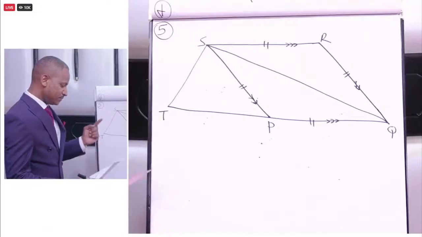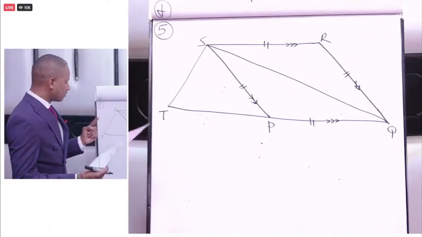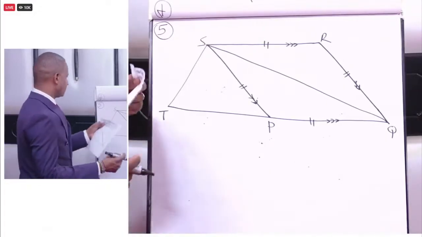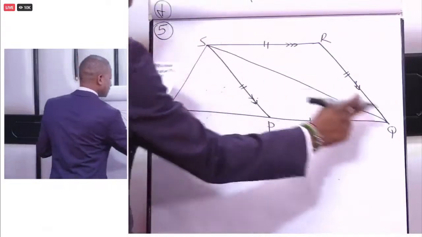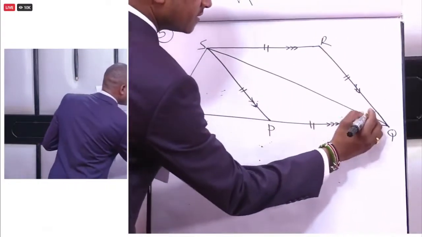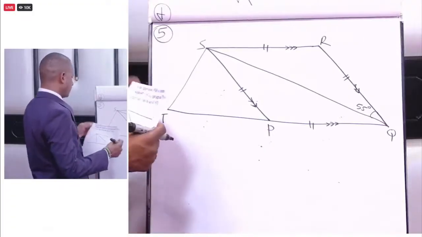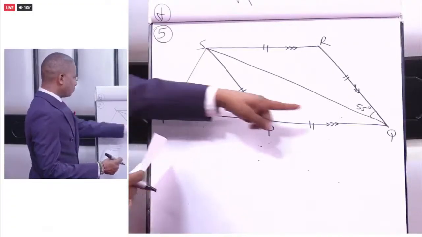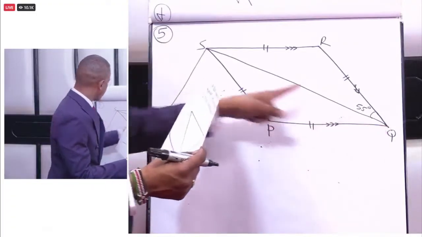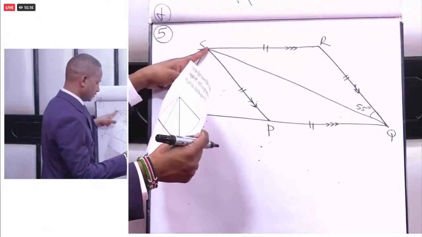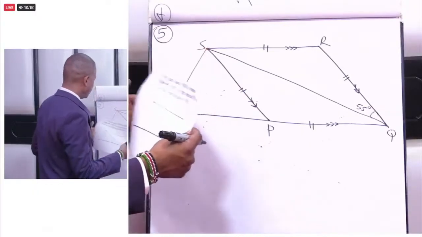Now, angle SQR is 55 degrees. You are given here angle SQR is 55 degrees. Angle QST is 90 degrees.